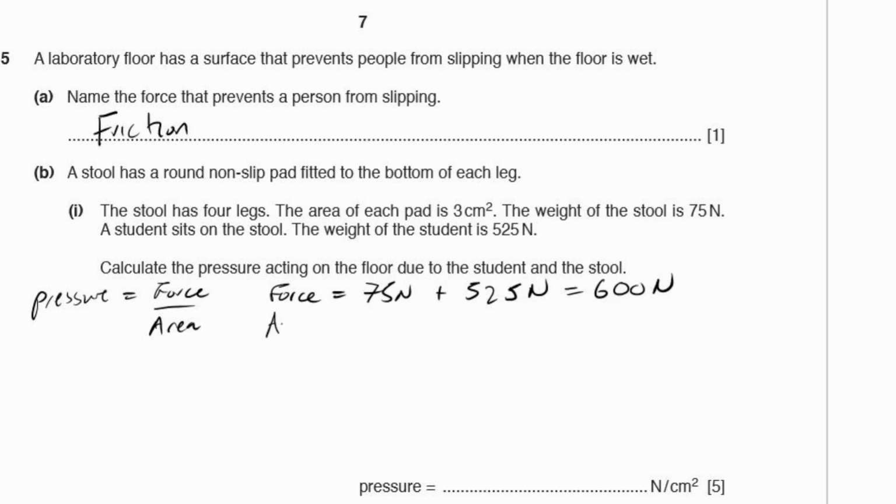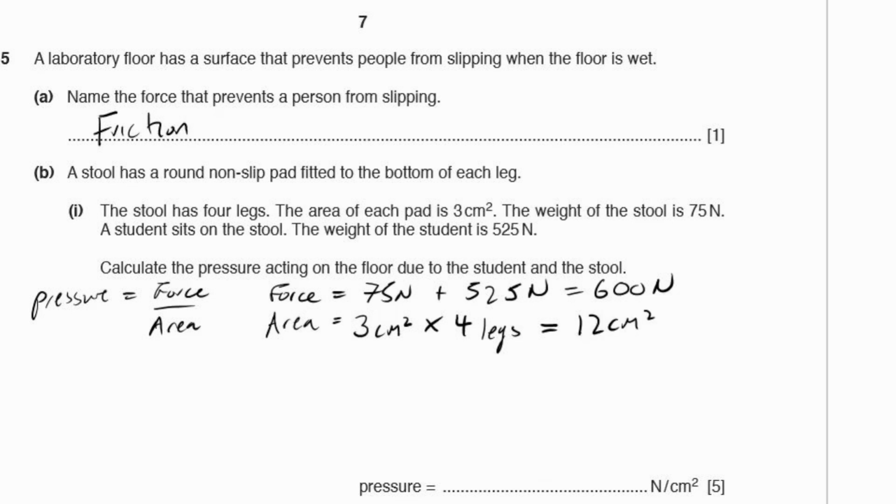The area of each pad is 3 centimeters squared. I'm going to assume when it says pad it means the bit at the bottom of the stool legs. So the area equals 3 centimeters squared times the 4 legs. So it's 3 centimeters squared per leg. And that will give me 12 centimeters squared.